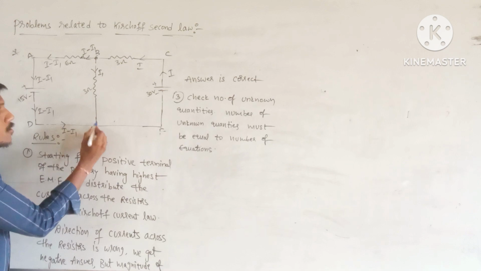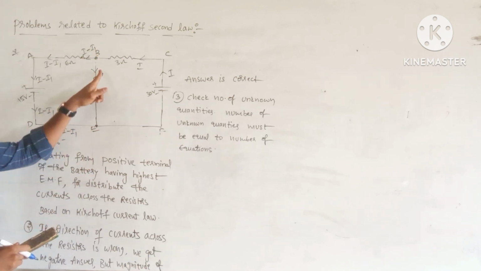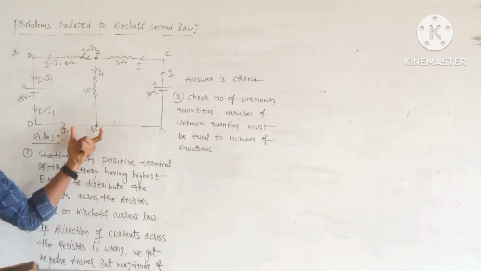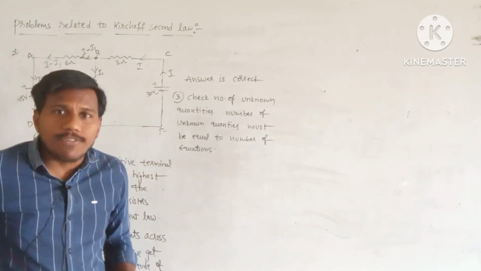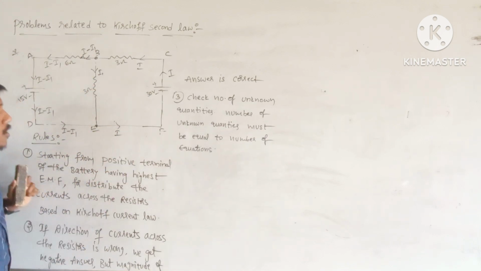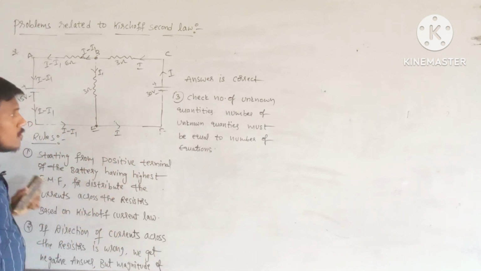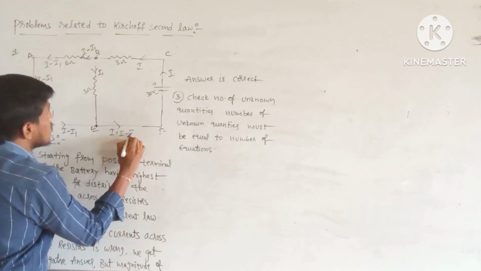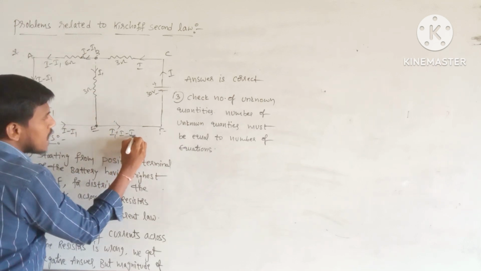At this point E, these 2 currents meet. So we have to add these 2 currents according to Kirchhoff's current law: I1 plus I minus I1.